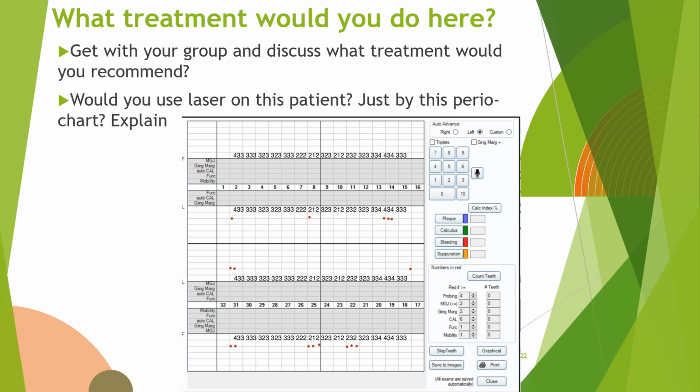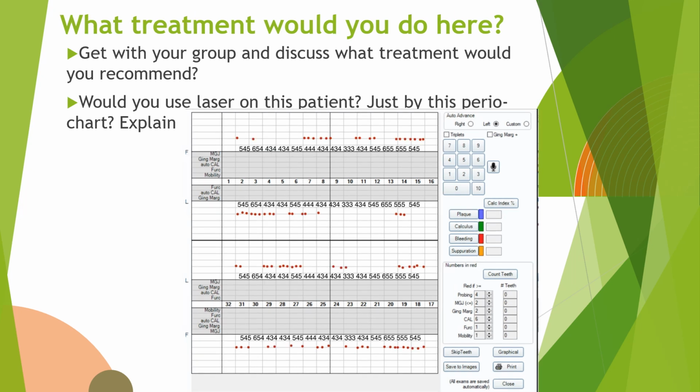What settings would be appropriate? Would you use LBR or LAPT? I want you to discuss your recommendations with your group. Here I would have everyone turn to each other and go over it, and then we would discuss as a whole class and see what everyone thought.